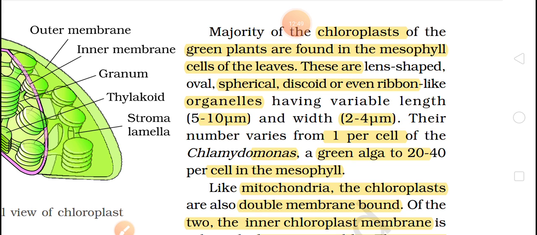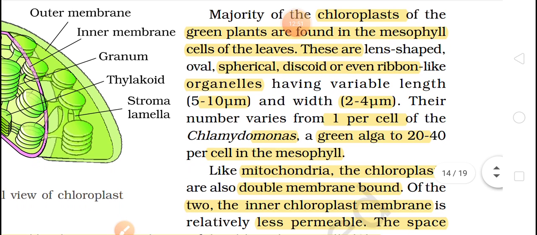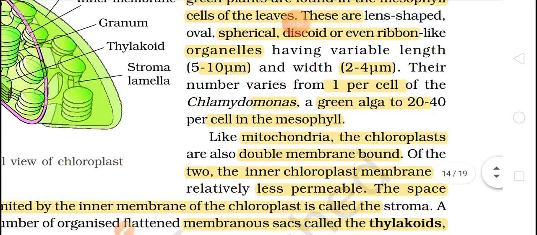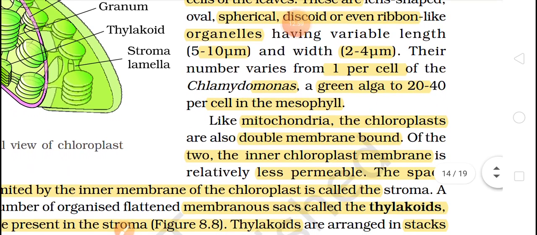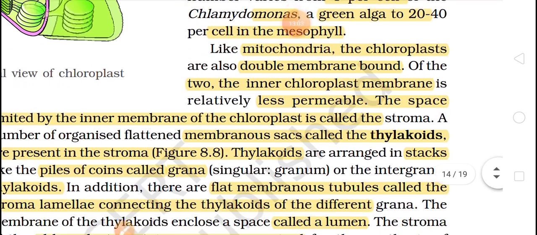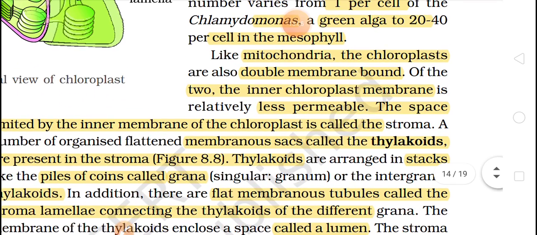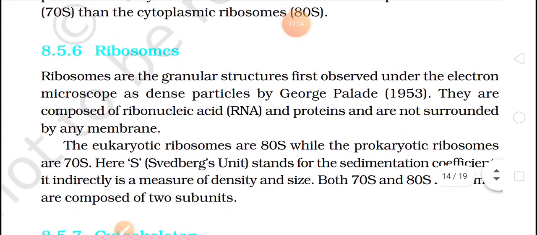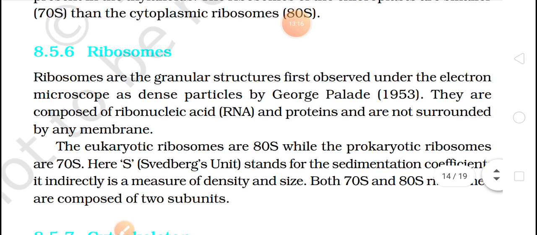They are spherical, and the size is variable, from 5 to 10 micrometer in length and 2 to 4 micrometer in width, and their number varies from 1 per cell. Like mitochondria, chloroplasts also have a double membrane. Clear? Now children, next, that is ribosomes.